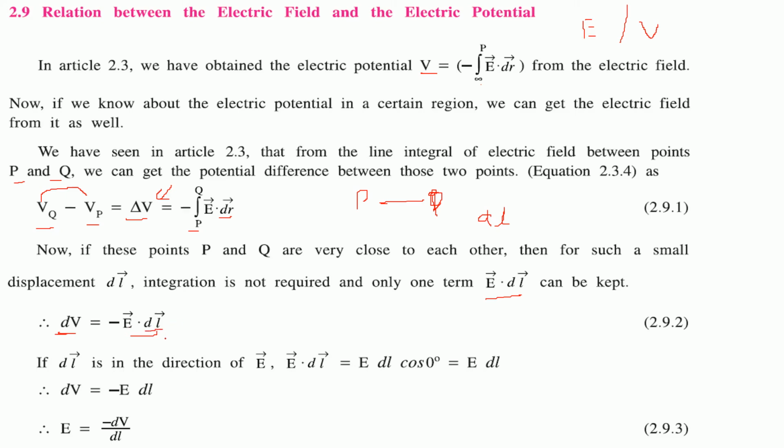Here dl is the displacement, in the direction of E. So E dot dl is E dl cos theta, and because they are in the same direction it is cos 0. So dV will be E dl, because cos 0 is 1. So what do we get as E? This will be dV by dl. E will be minus dV by dl.